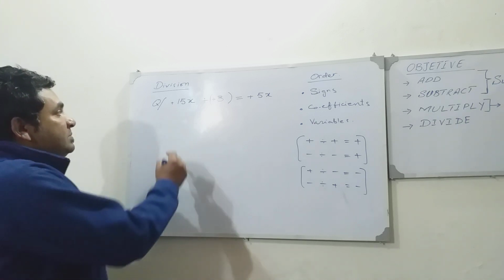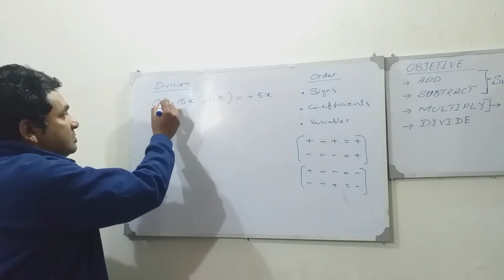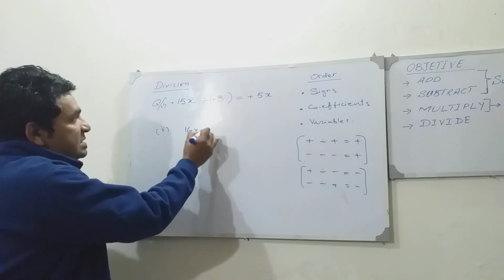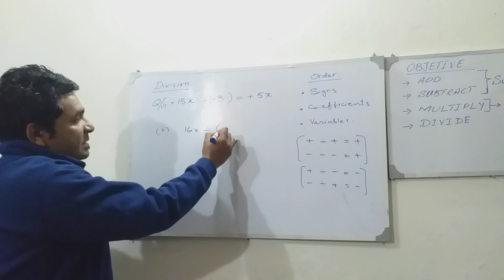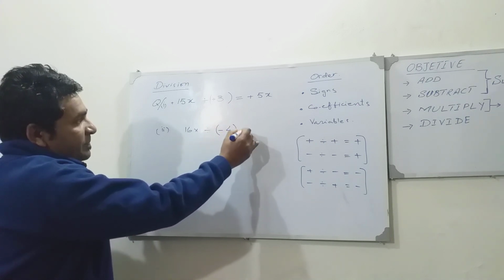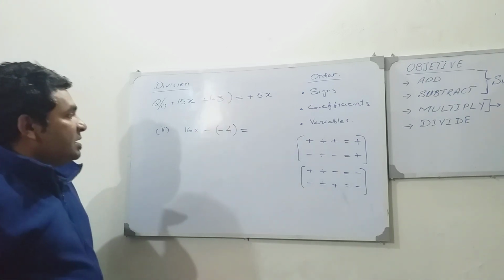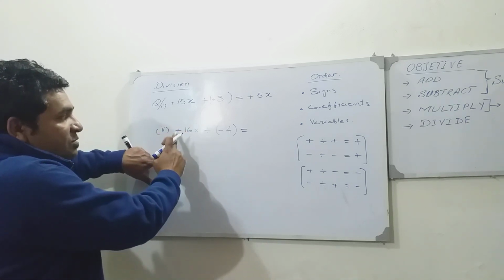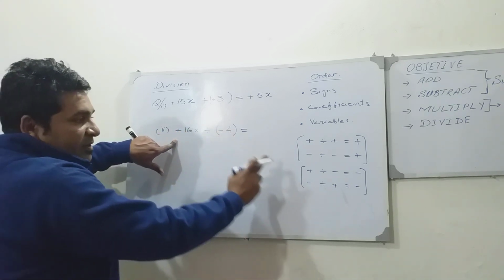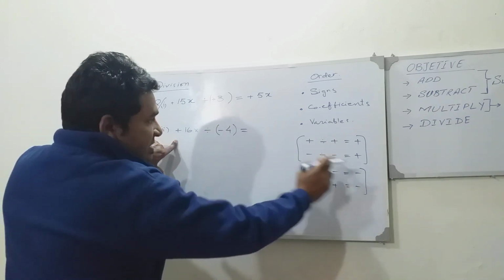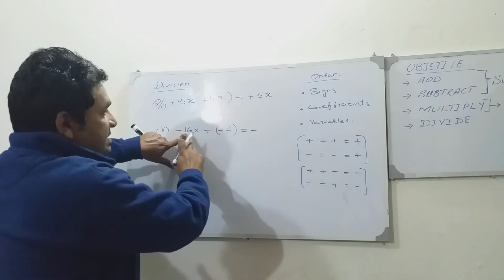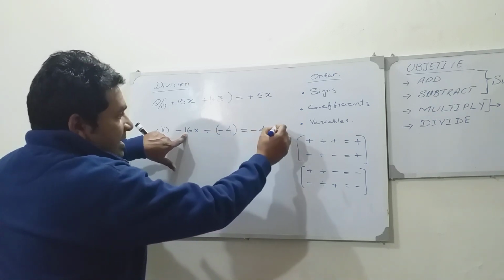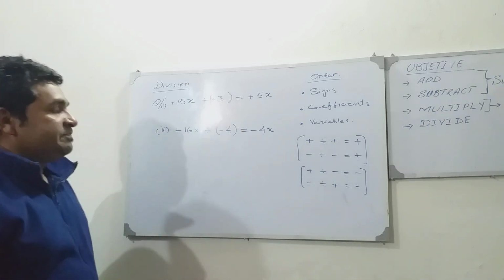Let's take another example. Example number 2: we have 16x divided by minus 4. The sign of the 16 is positive, so positive divided by negative is negative, and 16 divided by 4 is 4, because 4 fours are 16, and x will remain as x.